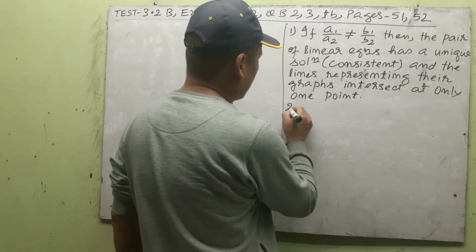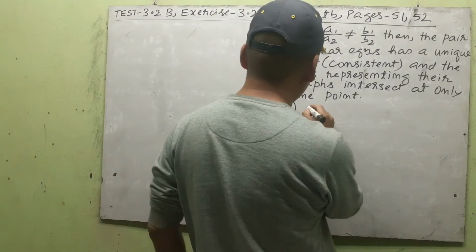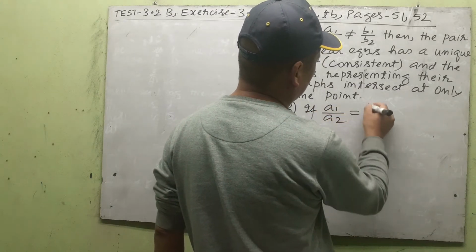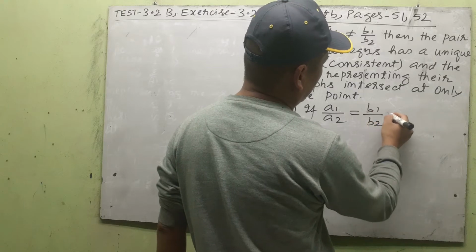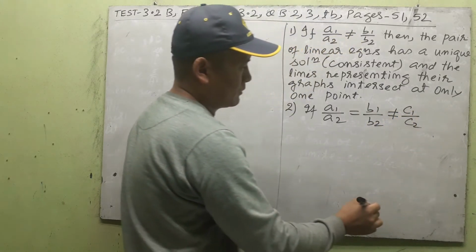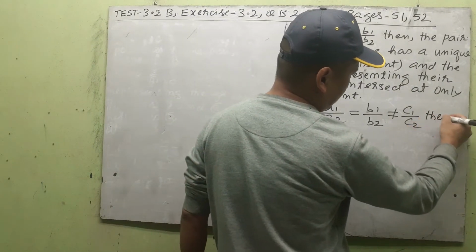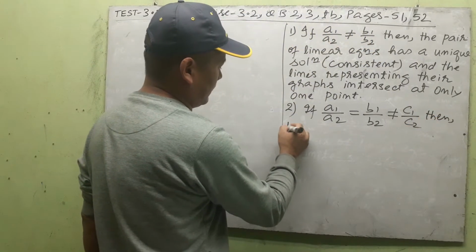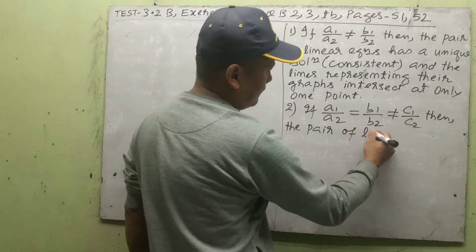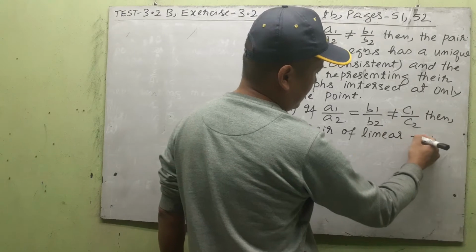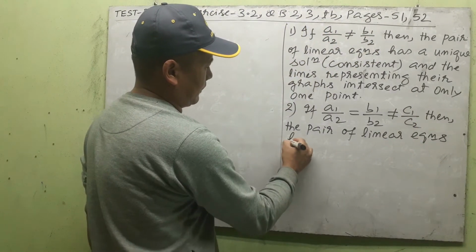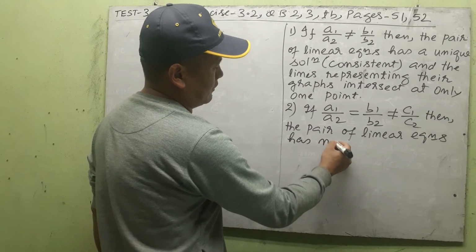The next one, second condition, if a1 by a2 is equal to b1 by b2 is not equal to c1 by c2, then the given pair of linear equations has no solution.